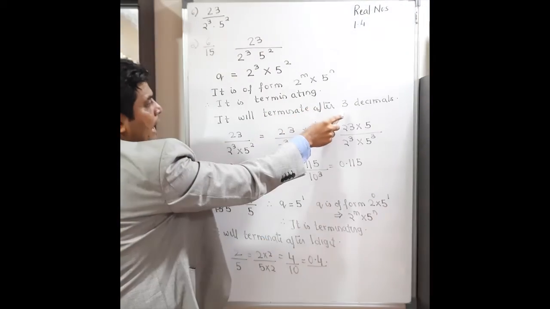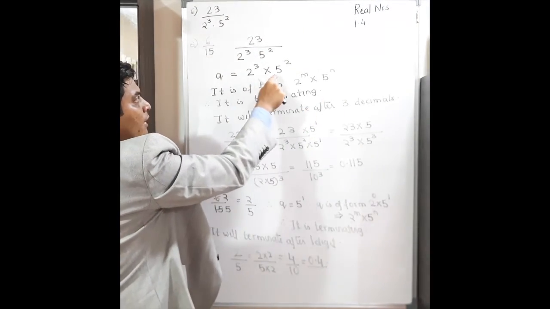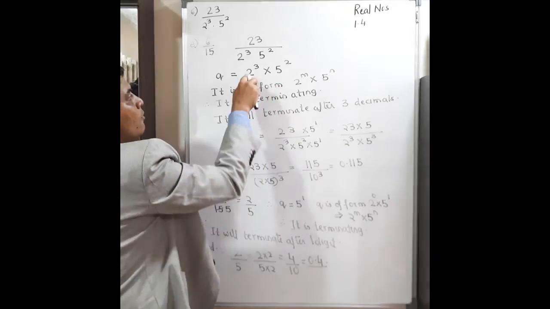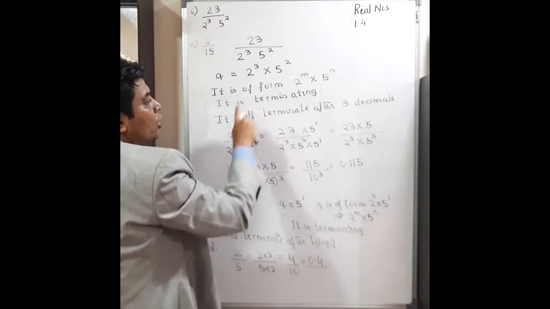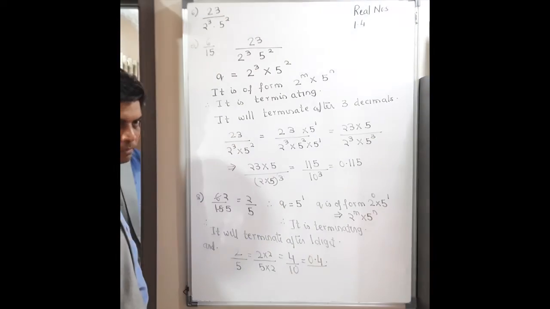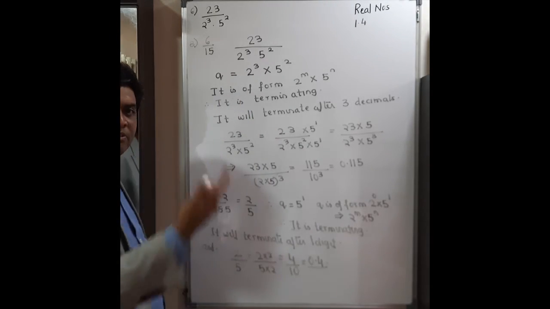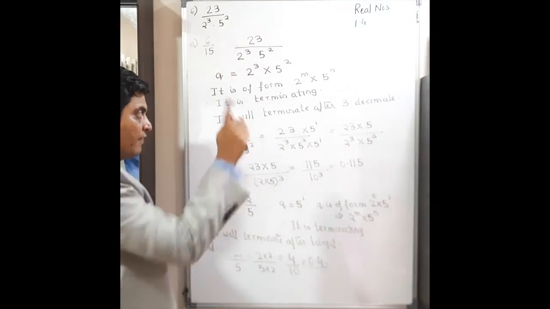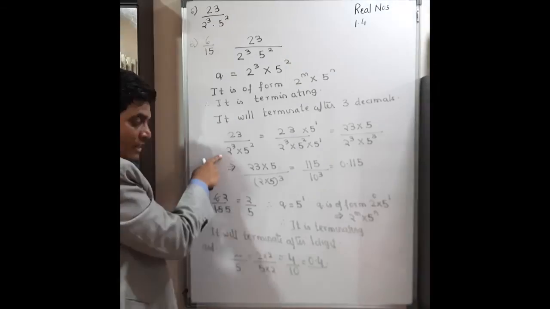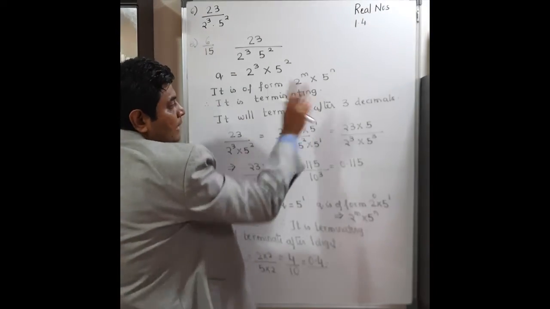It will terminate after how many digits? Out of 2 and 5, who is having higher power? 2 is having. What is that power? 3. So it will terminate after 3 decimals. Now in the next question, not in this question, it is asked that whichever are terminating, you find the decimal expansion also. So for that question, you have to do this. Otherwise, you have to do only up till here.